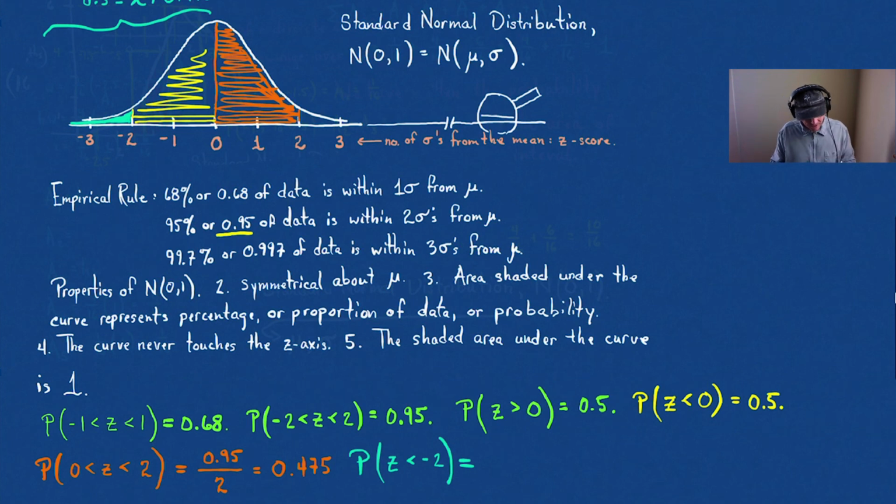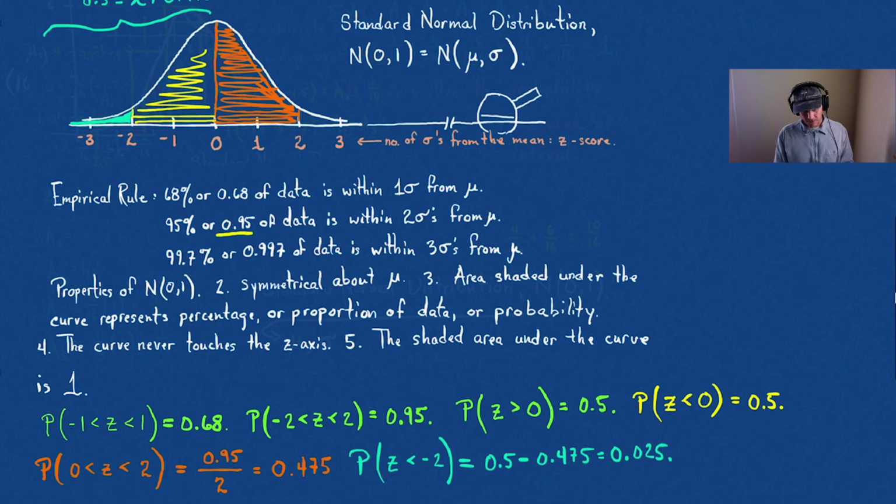So the little blue region is 0.5 minus 0.475. In other words, it's 0.025.